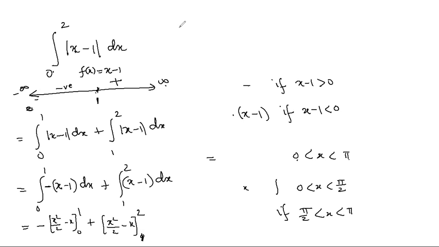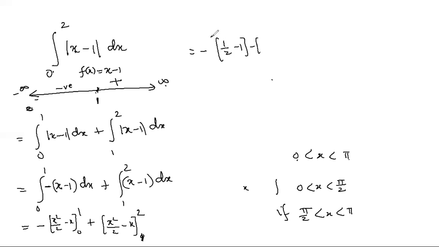Now I can substitute. So this became minus 1 by 2 minus 1, the rest becomes 0. And then I put the upper limit, 4 by 2 minus 2, minus 1 by 2 minus 1.